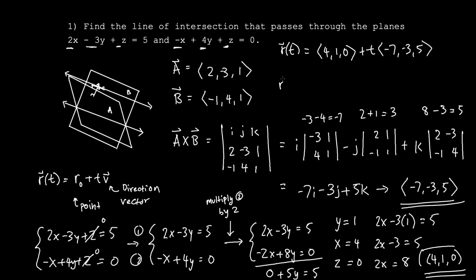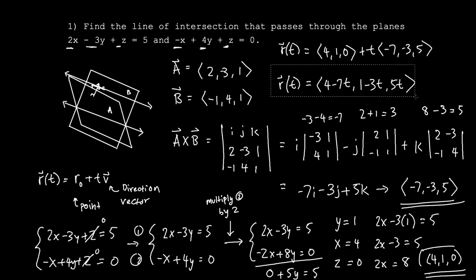And simplifying this, we get one vector, so 4 minus 7t, 1 minus 3t, and 5t. And this is the equation of the line of intersection that passes through the planes 2x minus 3y plus z equals 5, and -x plus 4y plus z equals 0.